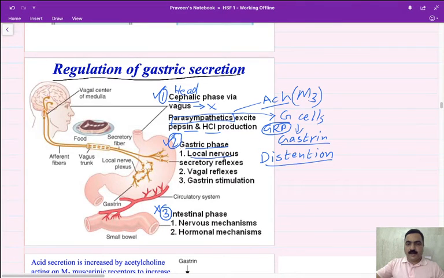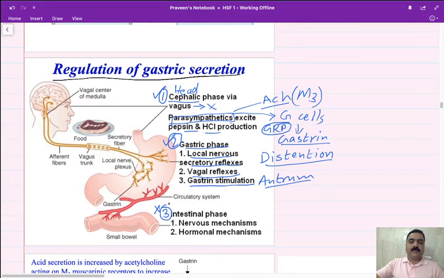There are local nervous secretory reflexes and the vagal reflexes, because the distension will cause vagal reflexes, and then the gastrin stimulation. The gastrin is produced especially from the antrum of the stomach, and this gastrin will cause the acid production. The gastrin is the major acid producing stimulus.